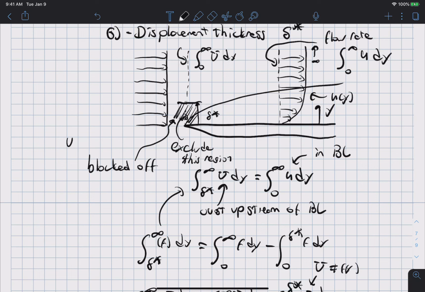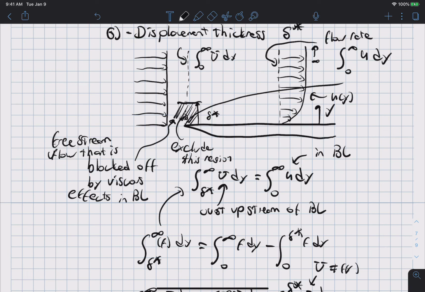It is the free stream flow that is blocked off by viscous effects in the boundary layer.